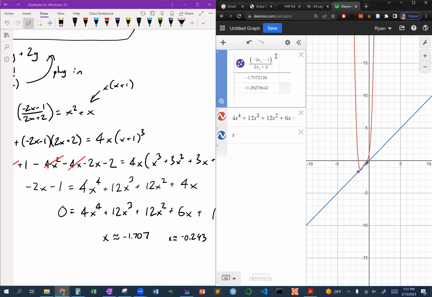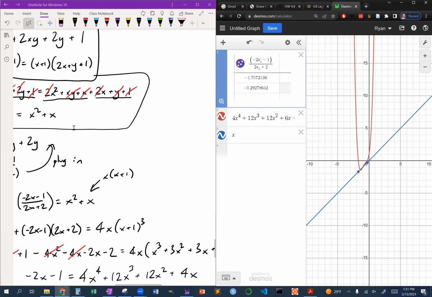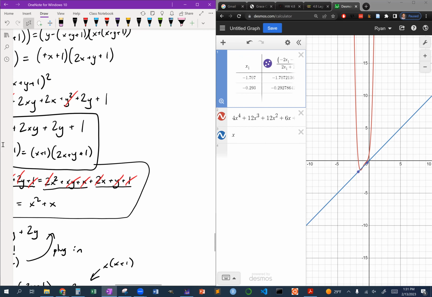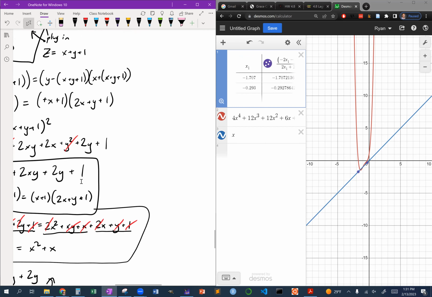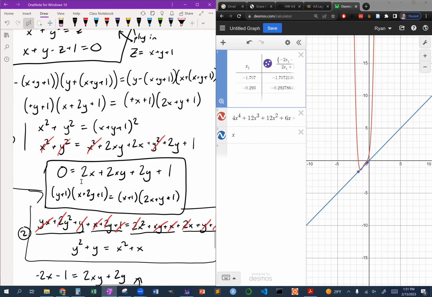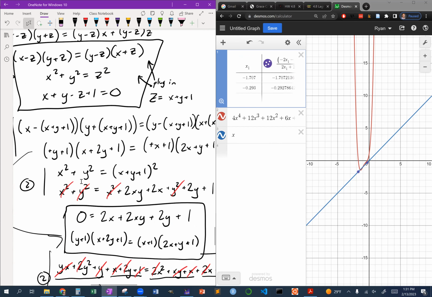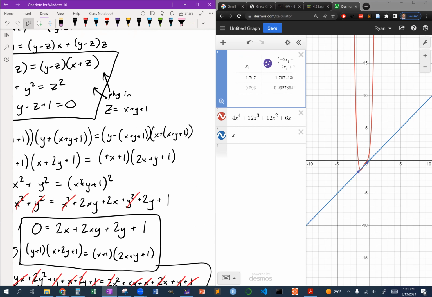And then over here, when I solved for z, isn't it funny how that's basically the same number? All right, that makes sense since it's symmetric. And when I solved for z, what was z equal to? It was x plus y plus 1.